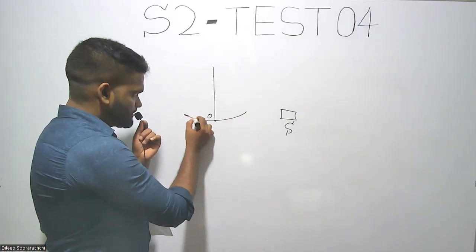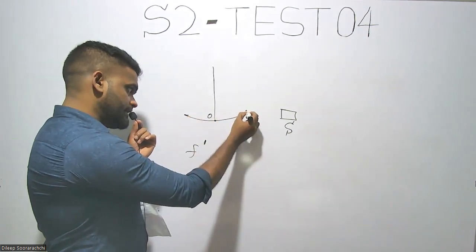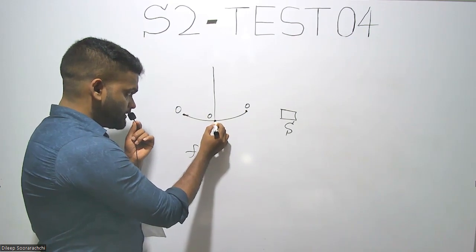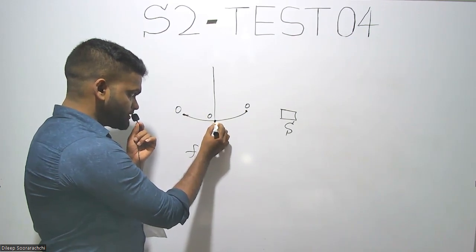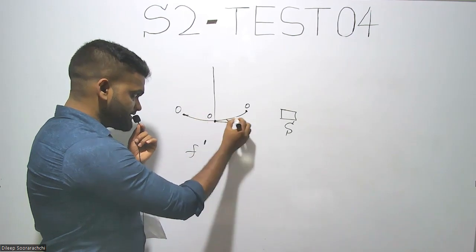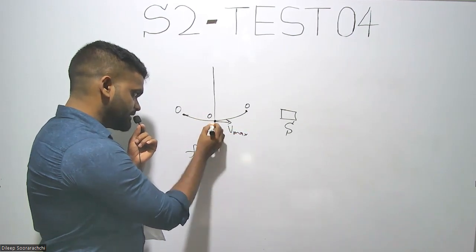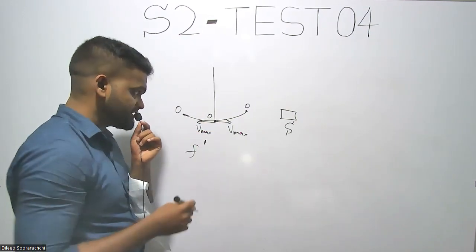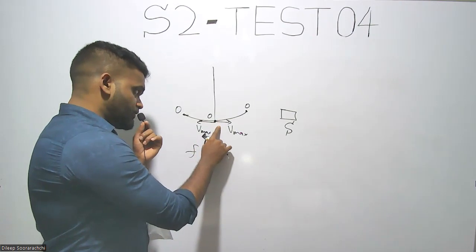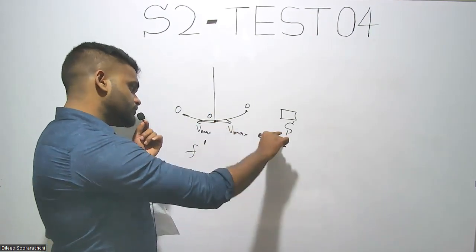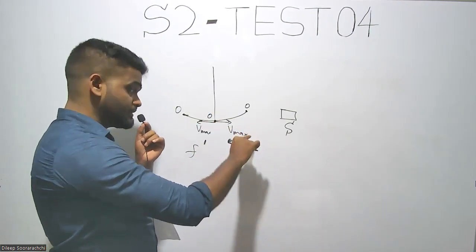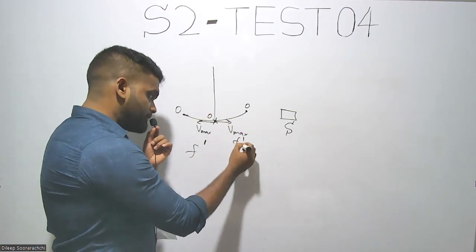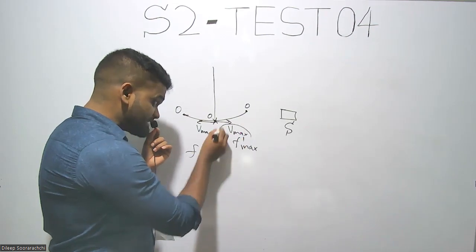So as the observer swings, the velocities are 0 at the two ends. At this lowest position, if he is moving to this side, he has Vmax, maximum velocity. When he moves to the other side, he has the maximum velocity to the other side. At this point, the observer is moving towards the source at maximum velocity at this instant, meaning apparent frequency is maximum at this instant.